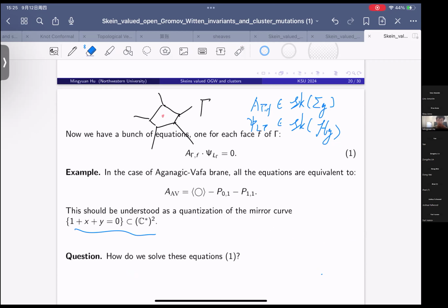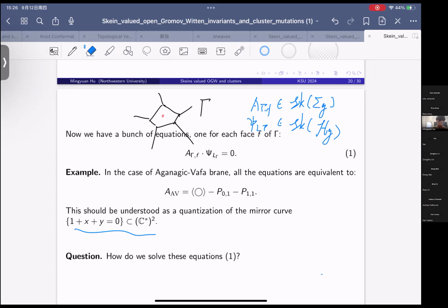I see what you mean. That's something I would guess, but we don't know how to prove it, because all the examples we have worked out are only in C3. For other curves in C star squared, I would guess this might be true, but for now we don't know how to do that.